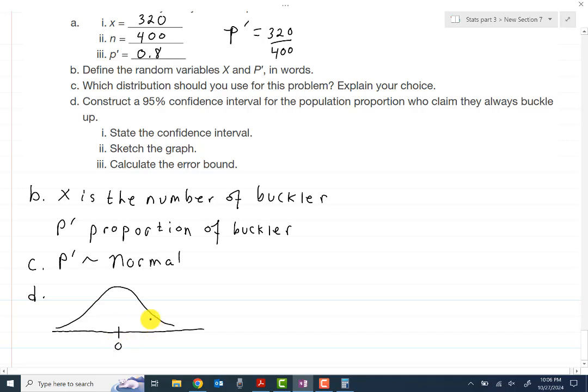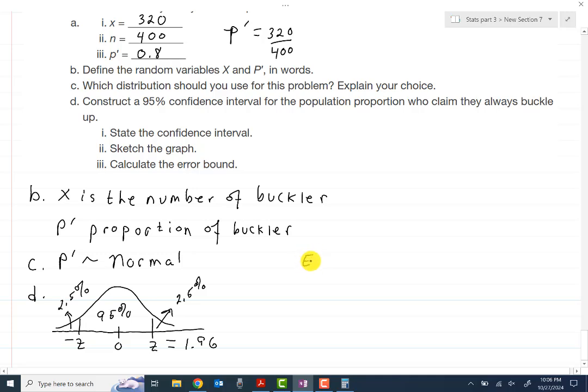Here, 0, and remember we want a Z and a negative Z, and we want to trap 95% in here, which means that there's 2.5% here and 2.5% here. If you look up 0.975, this is a very good number for us. It comes out to be 1.96. And then we're ready for our confidence interval.